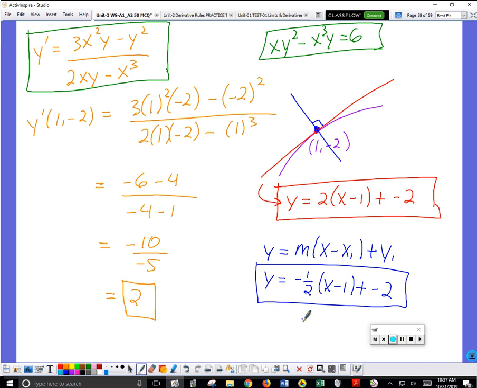The idea is that we have a curve. Anywhere on the curve, you can say, hey, let's draw a tangent line. So we just happened to go to this point because they told us to. We drew a line that's tangent, and then we wrote the equation of that line, because that line goes through the point 1 comma negative 2.